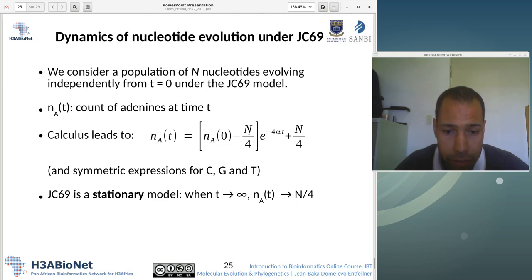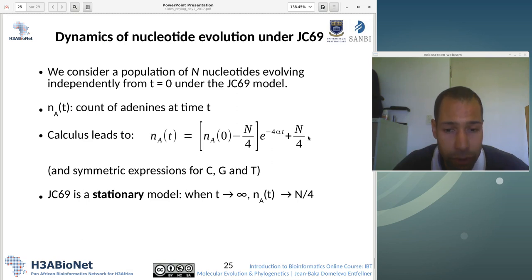Here we have this uppercase N divided by 4, not necessary to explain this. Here we have an exponential of minus 4 alpha times t, okay? And t is this time that elapsed between time 0 and current time t.